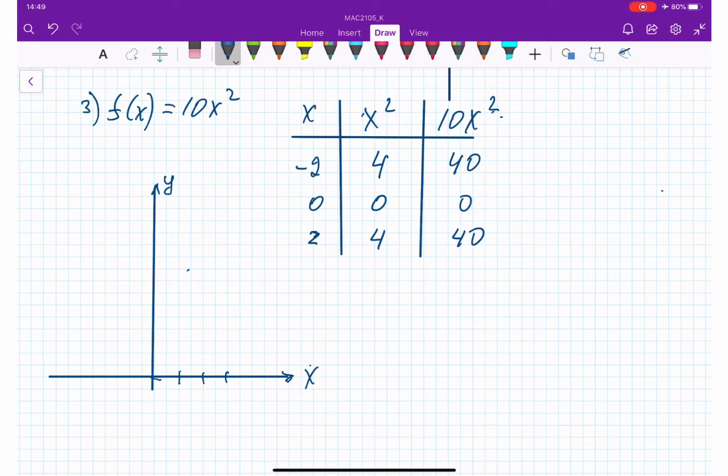Well, here it's enough. This is important. 4, 8, 12, 16, 20, 24. Well, I still am not going to reach 40.